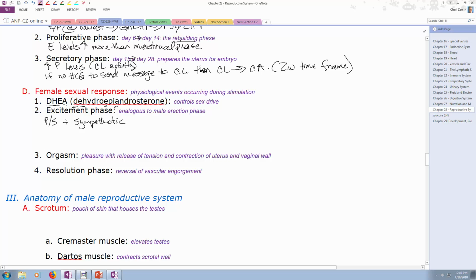The parasympathetic nervous system is going to cause vascular engorgement of secondary sex characteristics and organs, such as breasts, clitoris, vaginal wall, and labia.